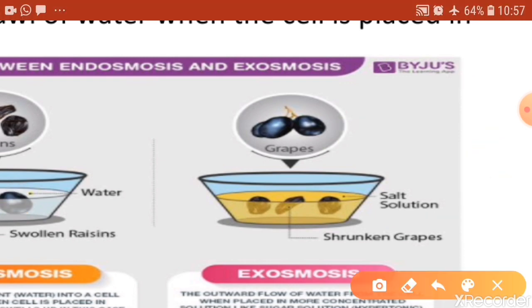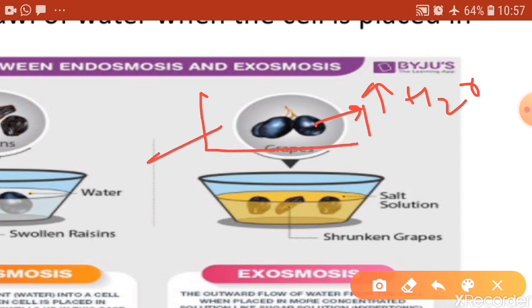They will shrink because when you're placing the grapes, they have higher water content per equal volume. When you take the grapes, they have higher water content when compared to the solution outside. The solution outside the grapes has a lesser water content. Lesser water content means what?